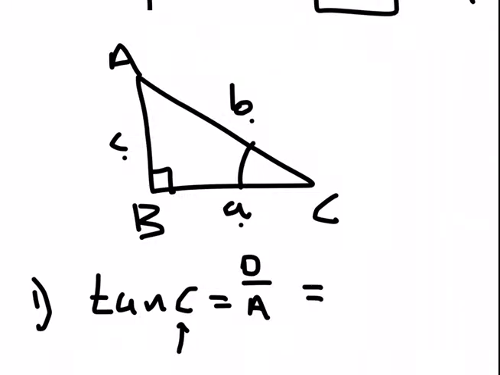So when I look at this right angled triangle, which side is opposite and which side is adjacent with reference to that angle C? Opposite definitely is going to be C, and then adjacent is that side of small letter A. That's it.